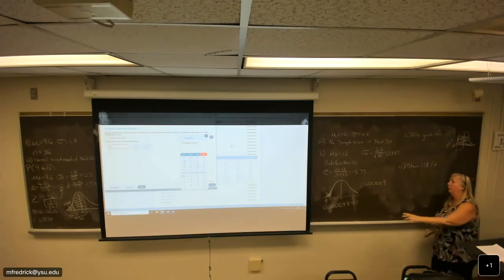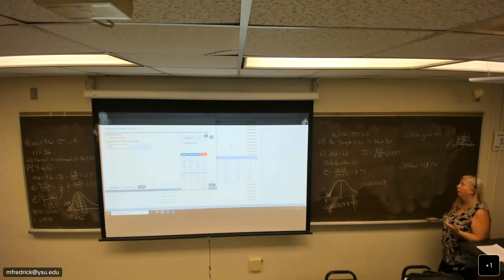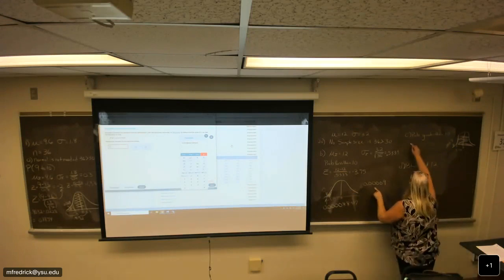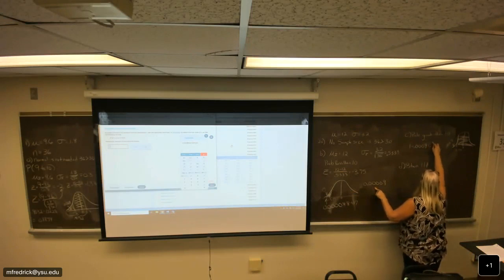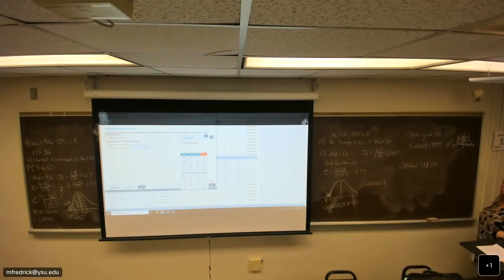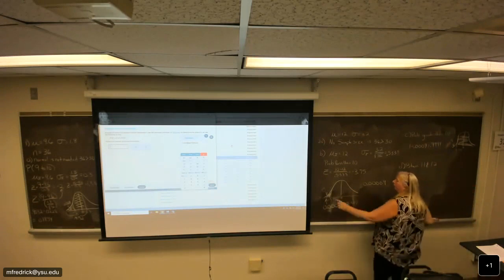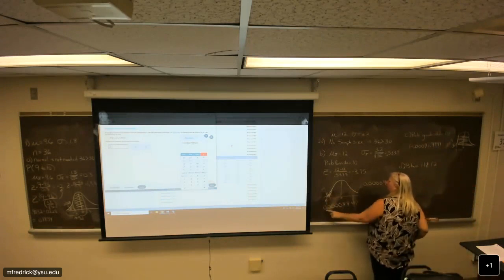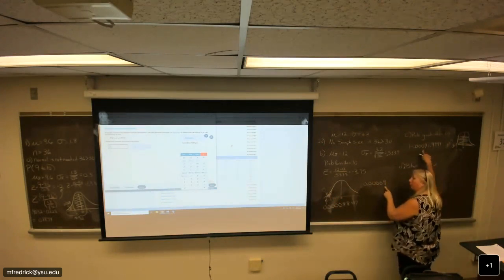Now, if you were using the 0, then your answer would be 1. You're using this one. Because remember, it's its complement. They need to add up to 1. So if less than is, well, we rounded it to this, greater than has to be 1 minus that.